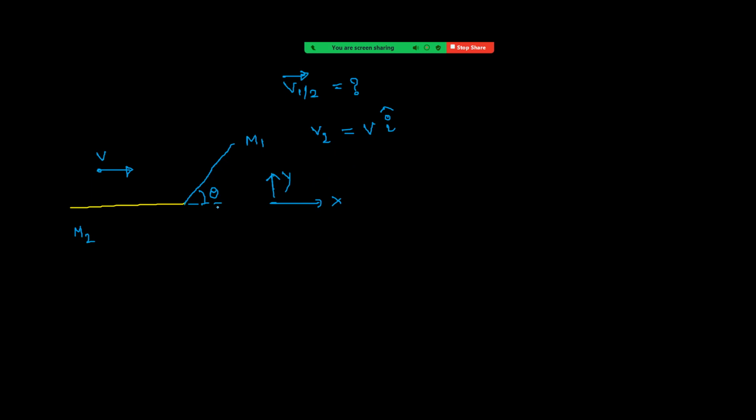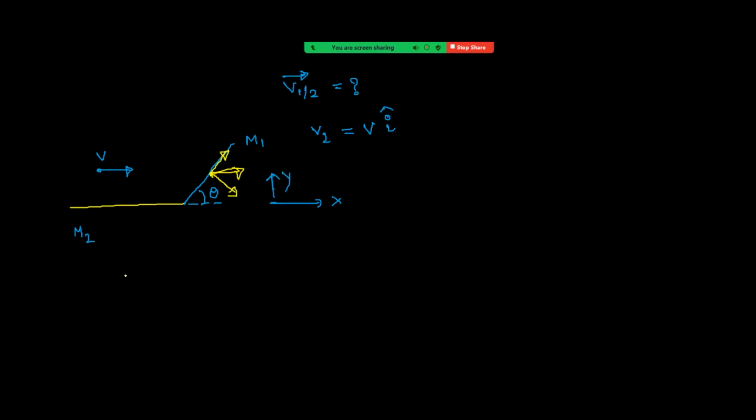Next, we want to calculate V1, means velocity of image by mirror M1. Okay. So here what I am doing is resolve this velocity into two components. One is parallel to mirror. I'm taking for this velocity two components, one is along the mirror and one is normal to mirror.